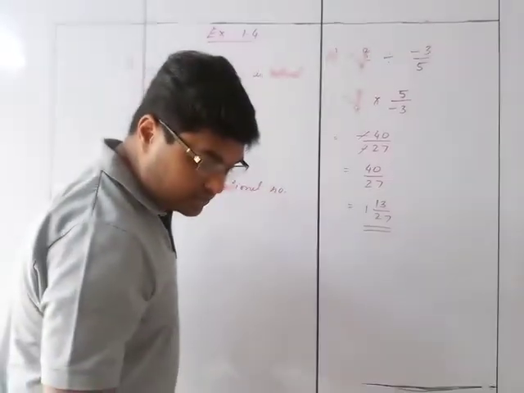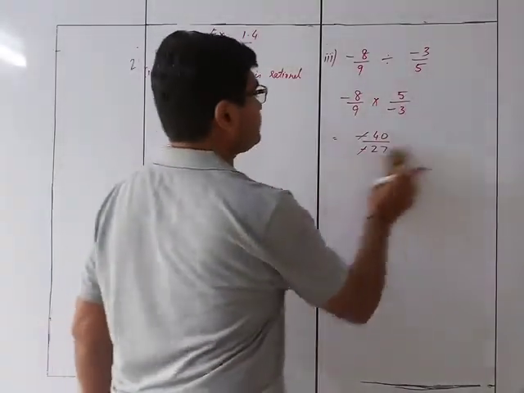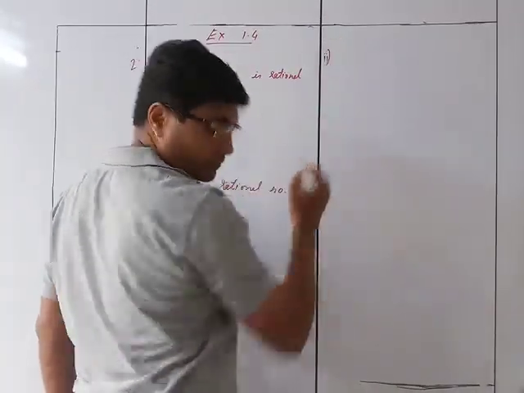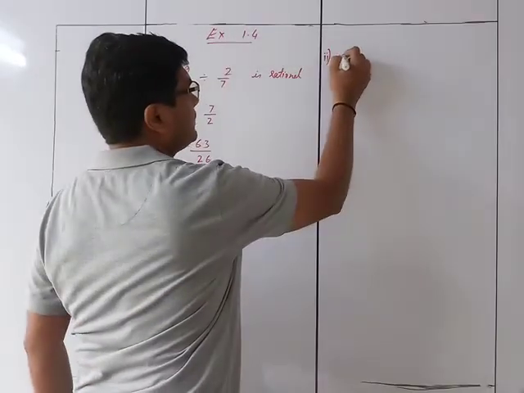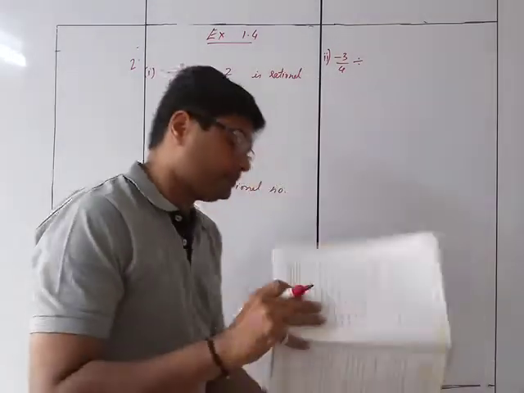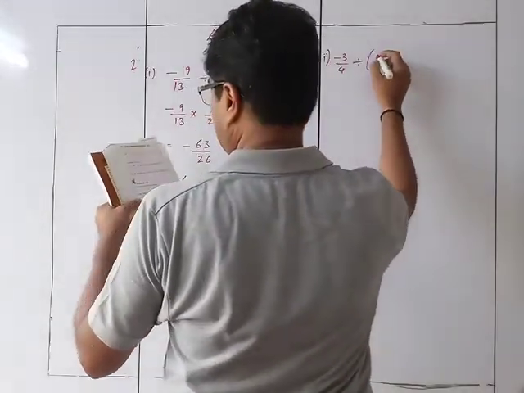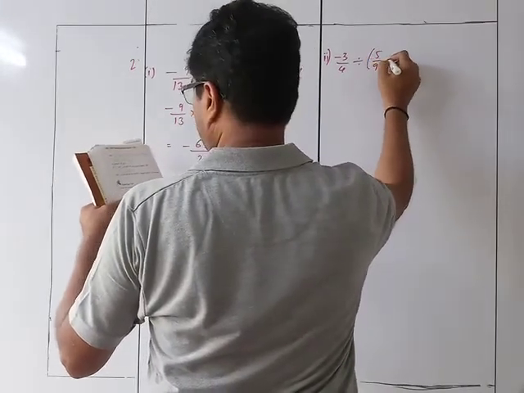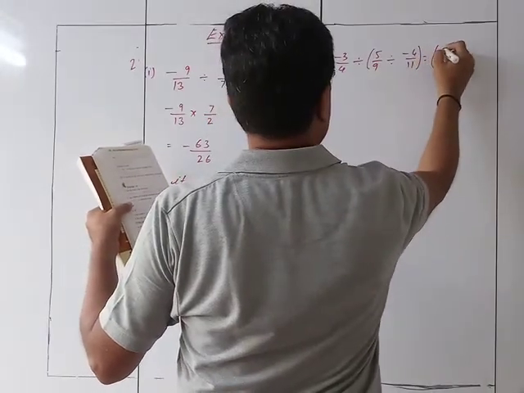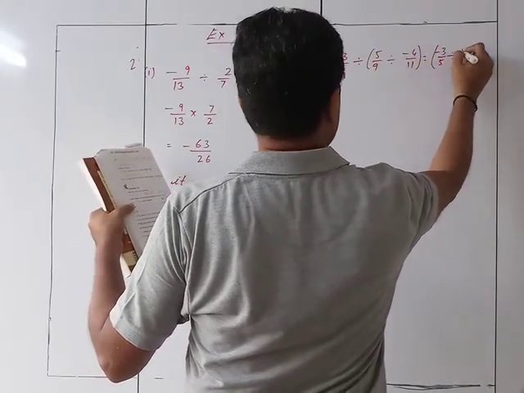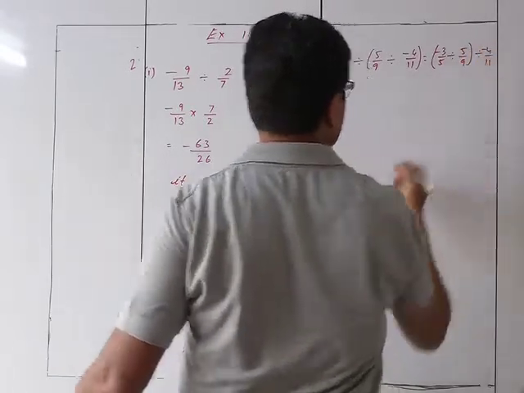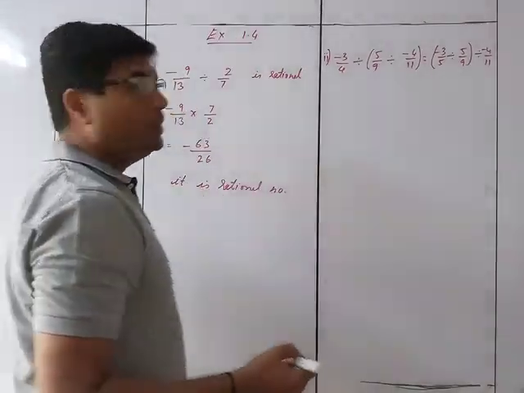The second one is over here: minus 3 upon 4 divided by (5 upon 9 divided by minus 4 upon 11) is equal to minus 3 upon 4 divided by 5 upon 9 divided by 4 upon 11. You just need to find out whether this is going to be true or false.